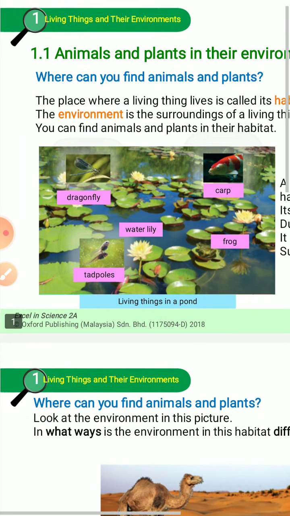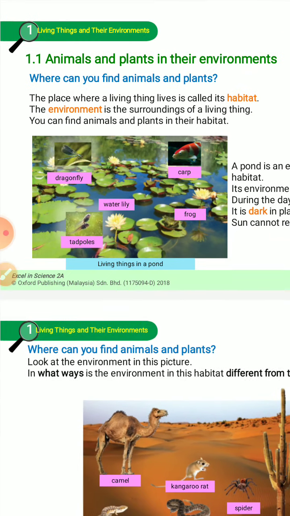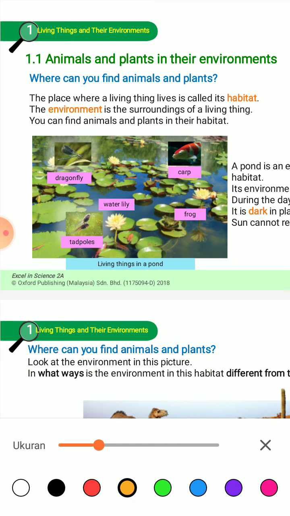Okay, my students, what is a habitat? Look at this. The place where living things live is called its habitat. And the environment is the surroundings of a living thing.